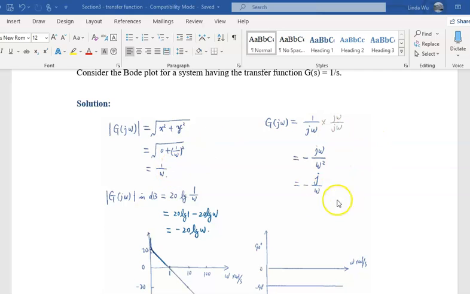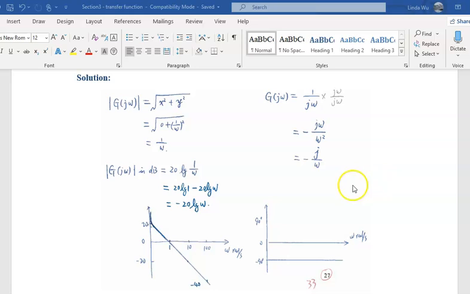And then in this question I didn't calculate phi. Look at this expression: it only has an imaginary component, and the x component, the real component, is 0.